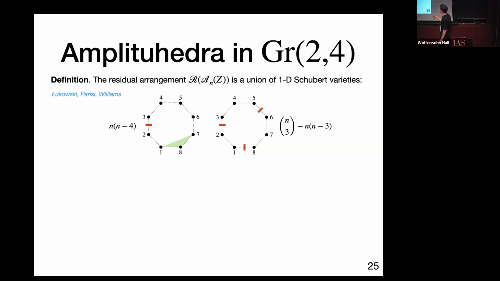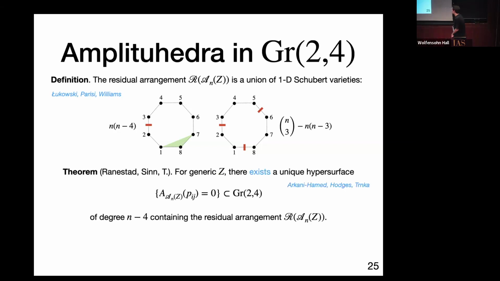So this will actually make a conic in P5, a quadratic curve in P5 that's contained in the Grassmannian and in our residual arrangement. Here you can pick any configuration of non-adjacent edges. You can put 3 red ticks on non-adjacent edges. The number of choices is n choose 3 minus n times (n minus 3).